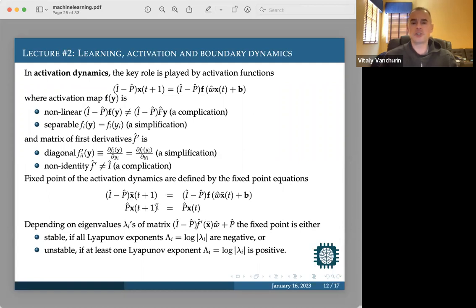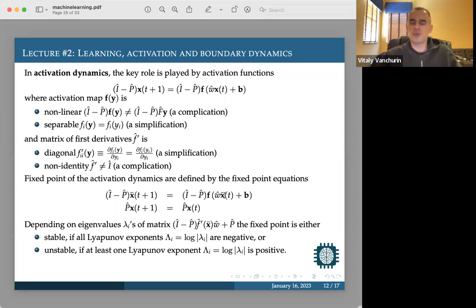What happens usually? You get to a fixed point. These are two equations, just the definition of what a fixed point is. But then you may want to ask whether this fixed point is stable or unstable. Stability and instability in the dynamical system literature is analyzed through the so-called Lyapunov exponents. As I already said, this f prime matrix of first derivatives is important.